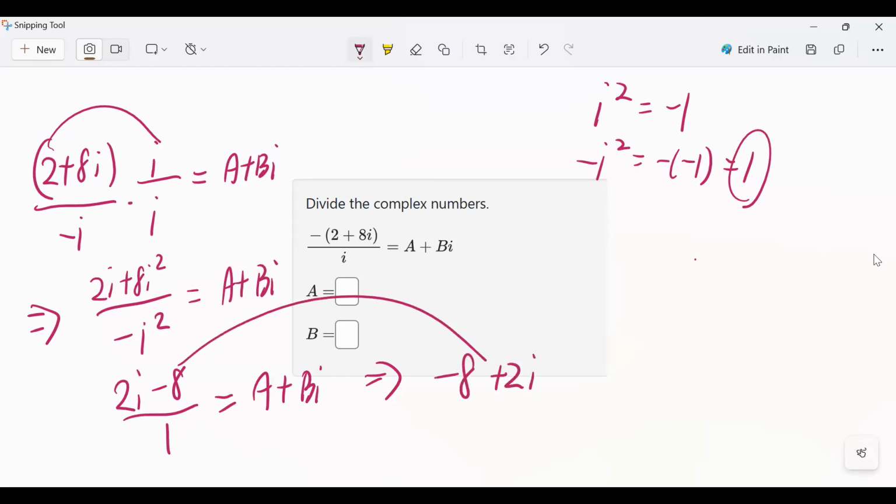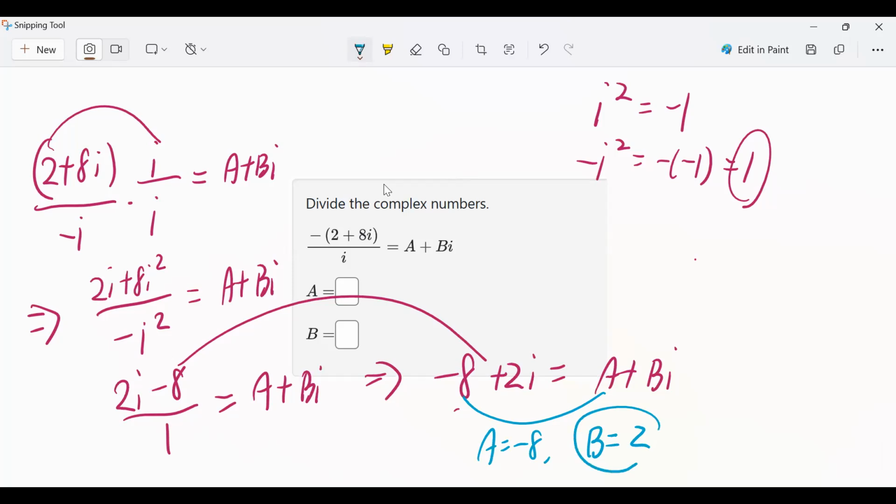Turning to standard notation, real number plus complex number, equal to a plus bi. So now a is equal to negative 3, and then b is equal to 2. Nothing wrong, right?